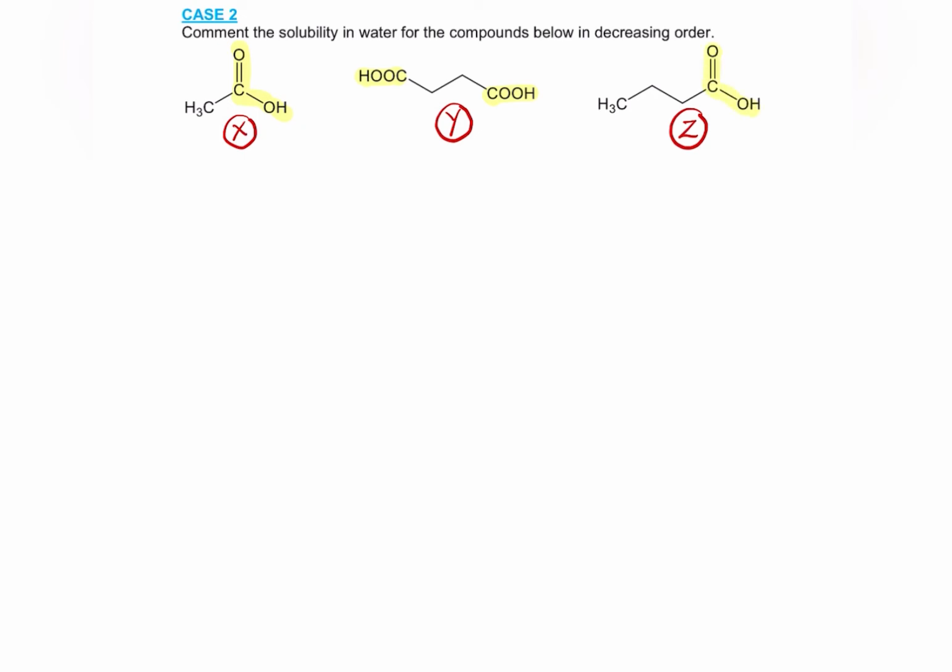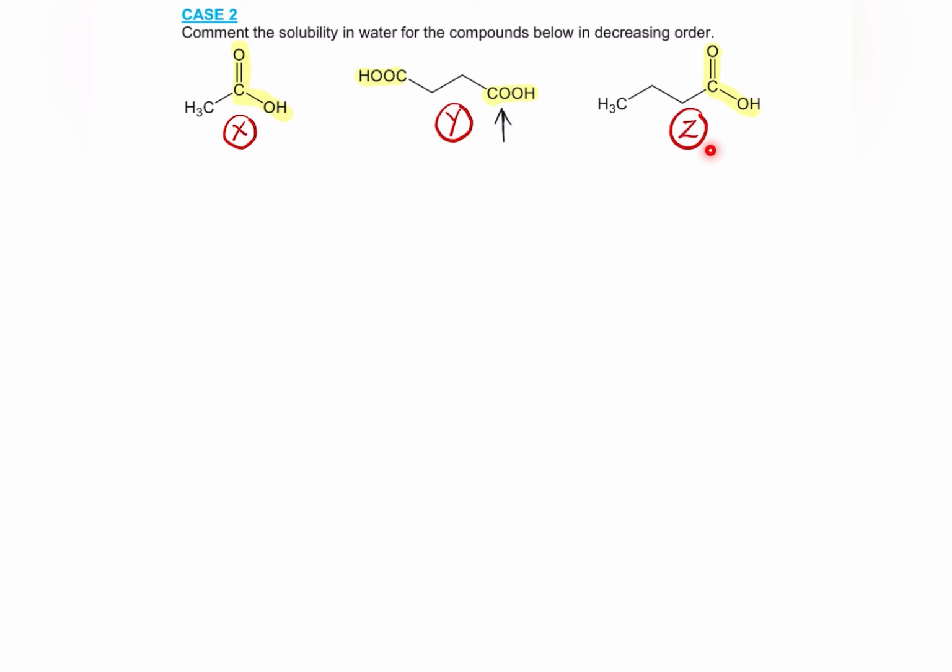So if you see here, you can already detect which one has the highest solubility, which will be structure Y. So this one has the highest solubility. So I'm going to put the notes a bit. And the next one, we are going to compare between X and Z. Which one will have the higher solubility?